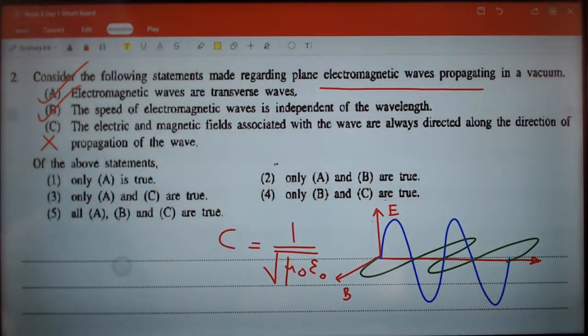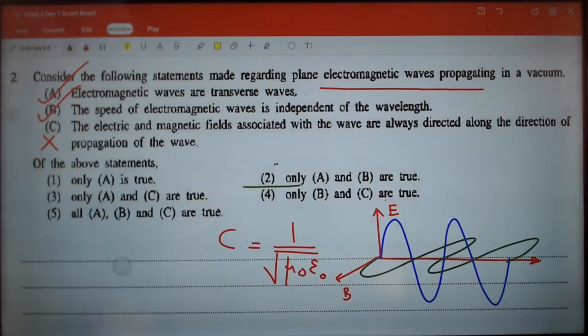So from this we can say A and B are correct. Right.